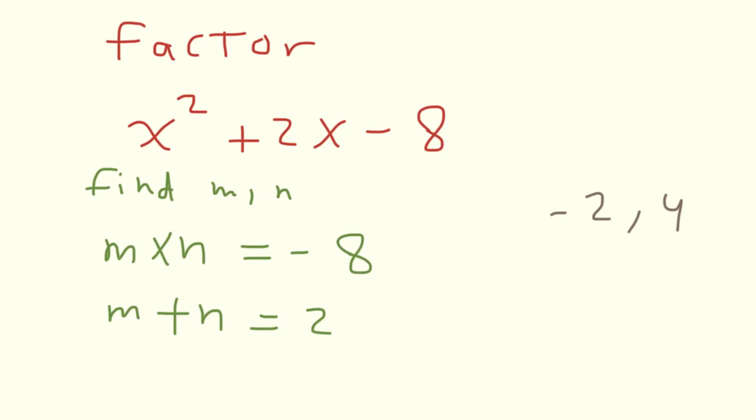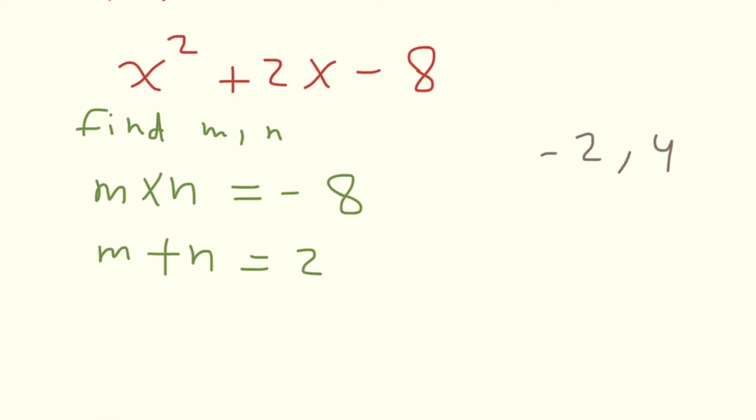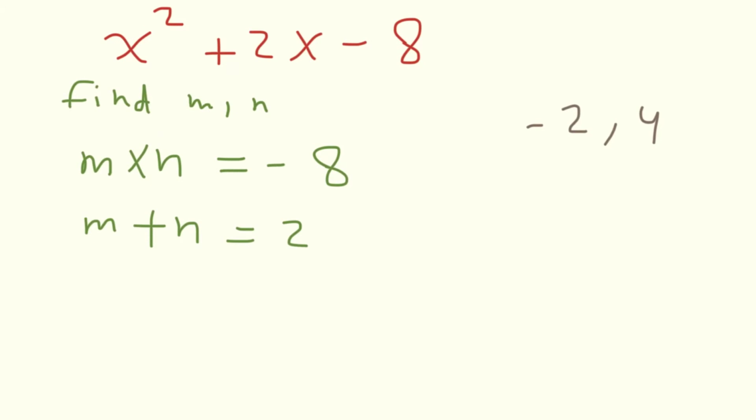But what if you cannot find them easily? You can do a table of all the possibilities. You can just build a table like this. Ask yourself, where does 8 come from? 8 comes from 8 times 1, right?